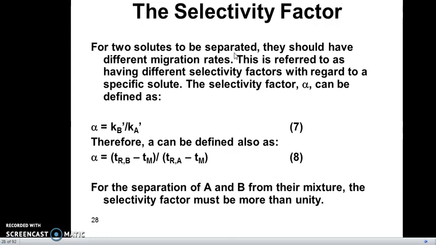So we need a selectivity factor for the solute. This is specifically related to the solute.